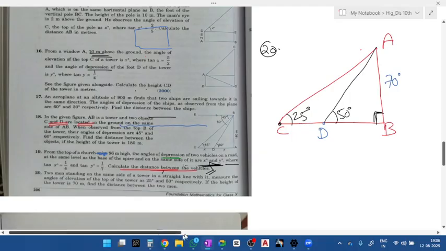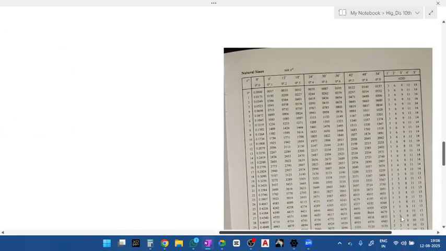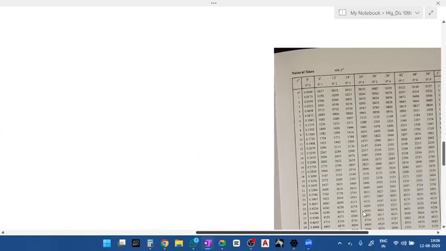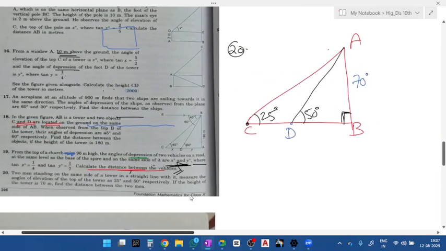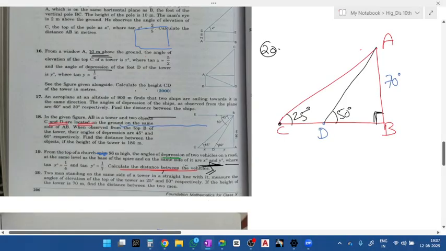Decimal, this one. Sine is given. I think only tan is required. Tan 50 is required. Okay, what do we need to find, students? What are we supposed to find here? Read the last part.